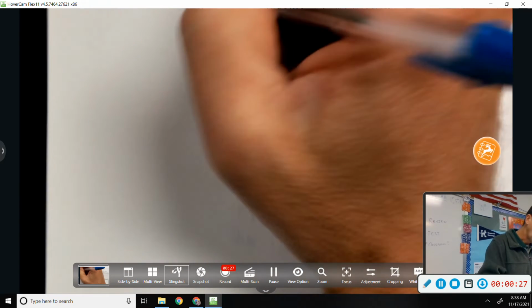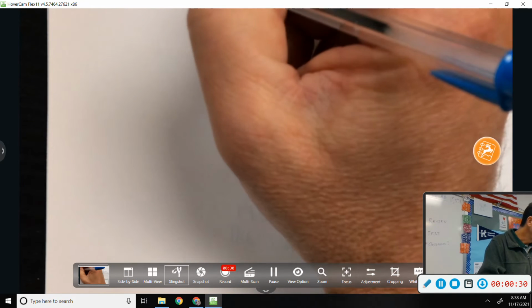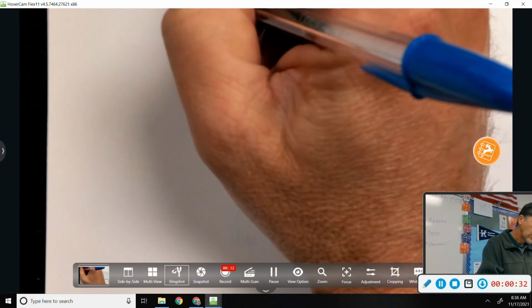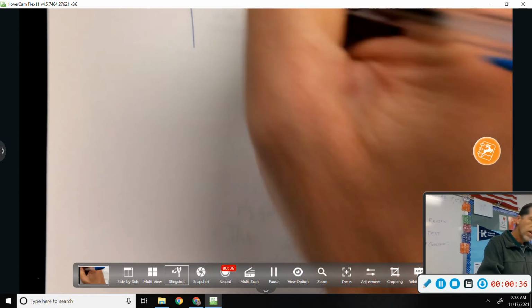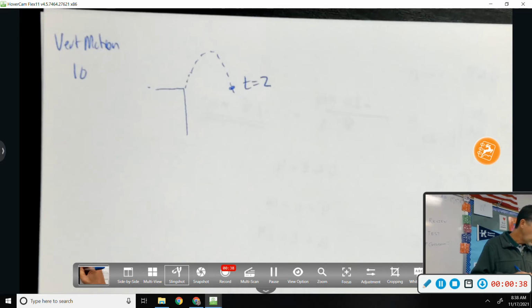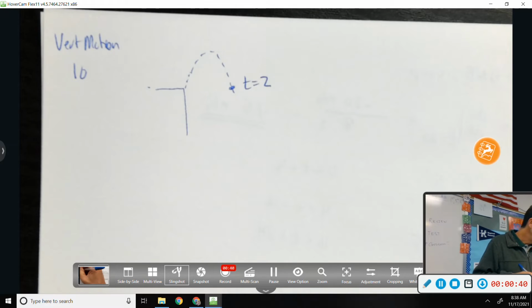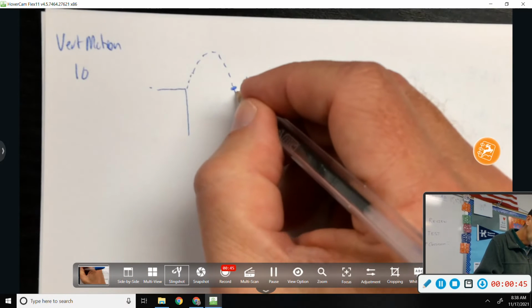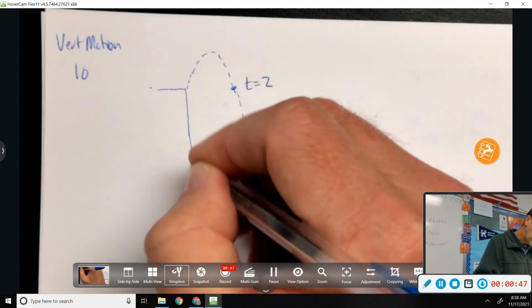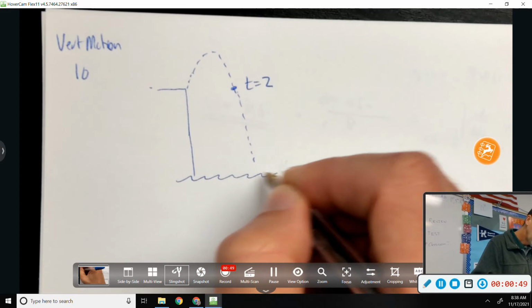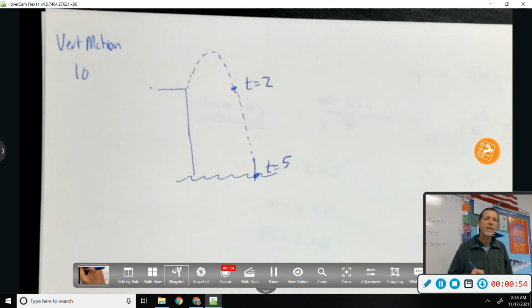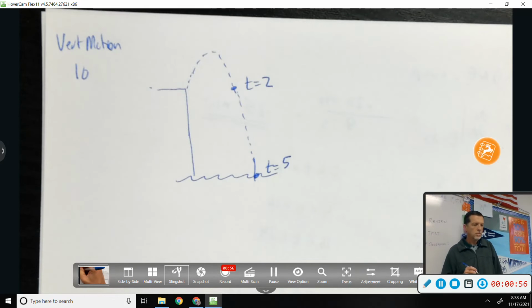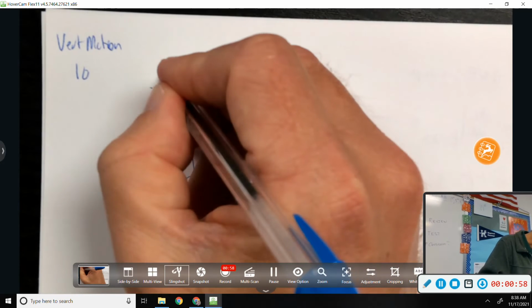Throws a rock upward. 2 seconds later, the rock passes the man on the way down. And 3 seconds after that, it hits the water. So 3 seconds after that, so I'm just going to go ahead and call that t equals 5. And I guess we could label t equals 0 the starting point.